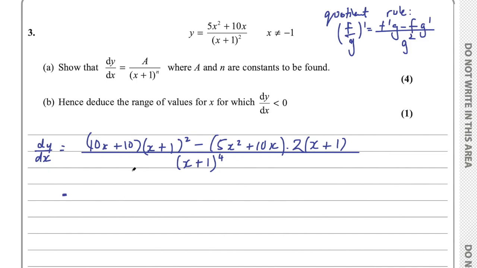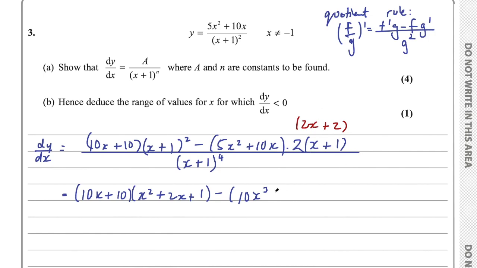And then let's start expanding and simplifying. So this would be 10x plus 10 multiplied by x squared plus 2x plus 1. Subtract, let's actually expand these double brackets out. This would be 2x plus 2. And then expanding that here using FOIL first, 10x cubed.